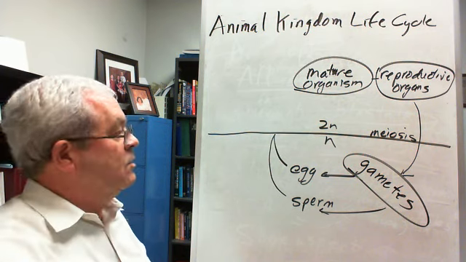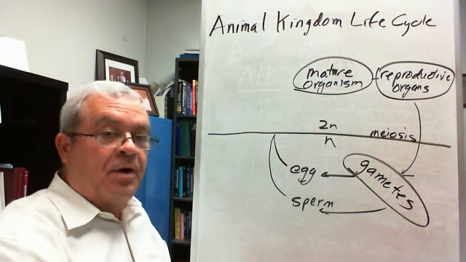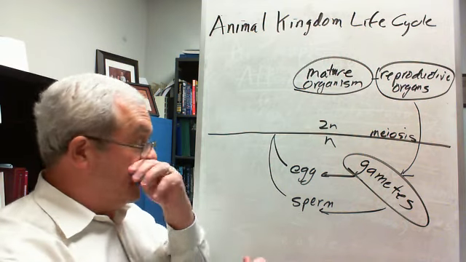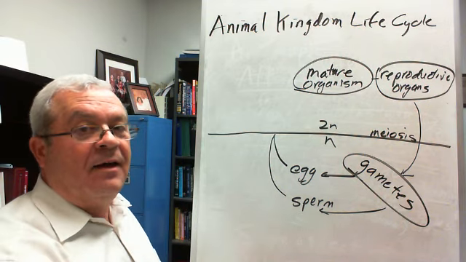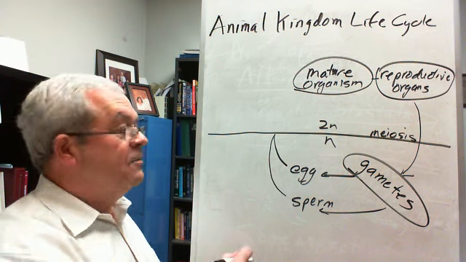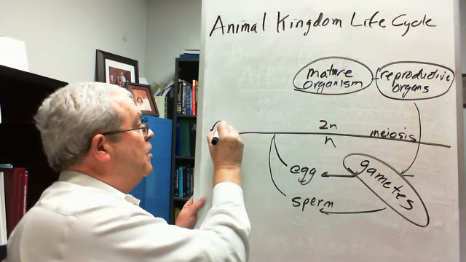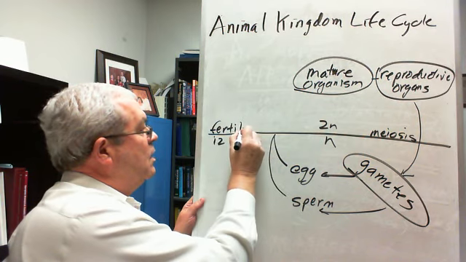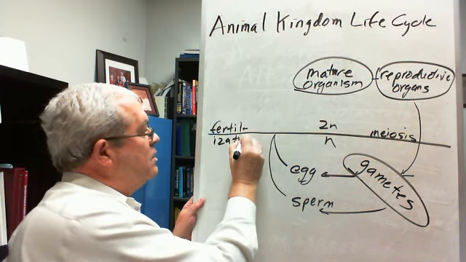That's all that means. And there's a term for that that we've talked about before. The egg joins the sperm, the sperm joins the egg. What is that called? Fertilization.